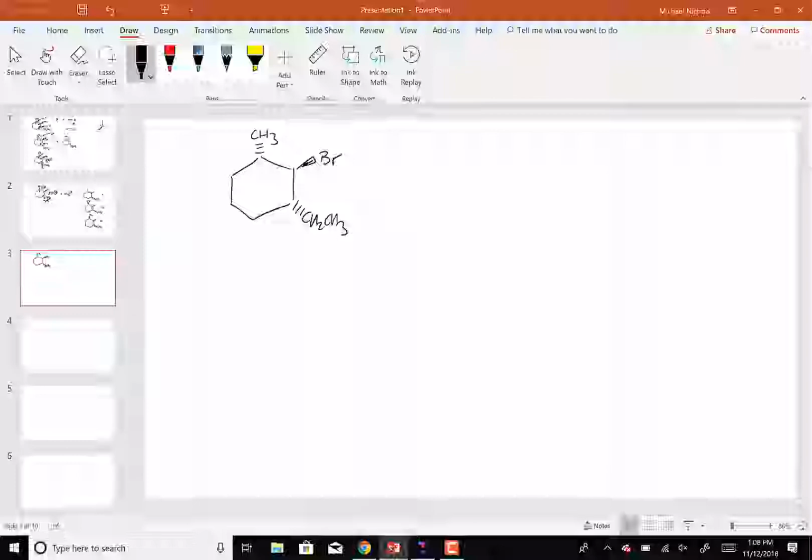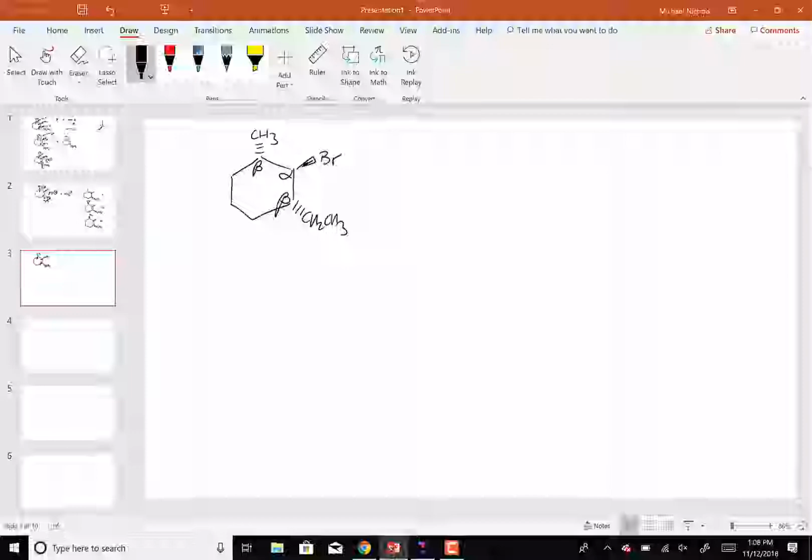Okay, how am I going to solve this problem? Give me some help. What's the first thing I should do? Draw the chair? No, I don't need to draw the chair structure. Let's do the alpha and beta carbons. Here's alpha, here's beta, there's beta.